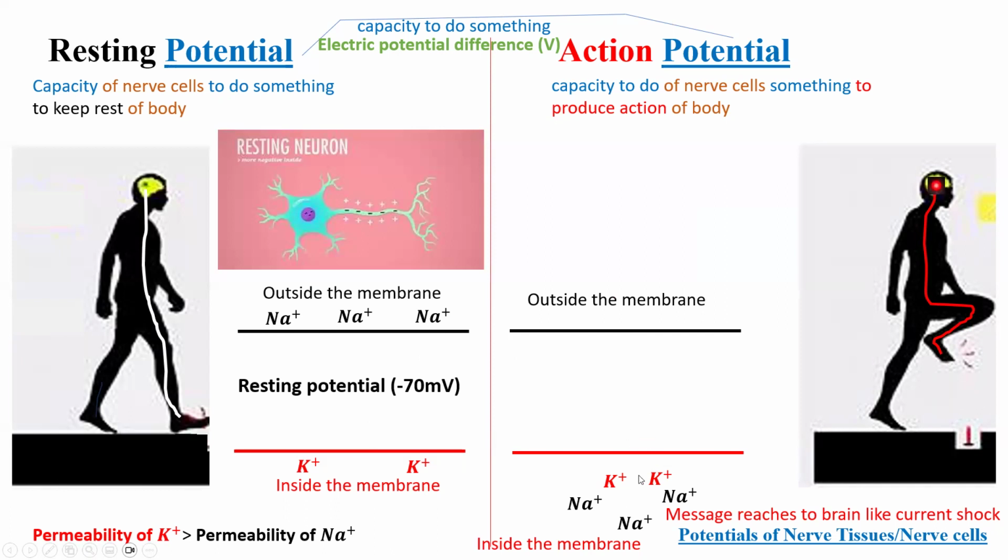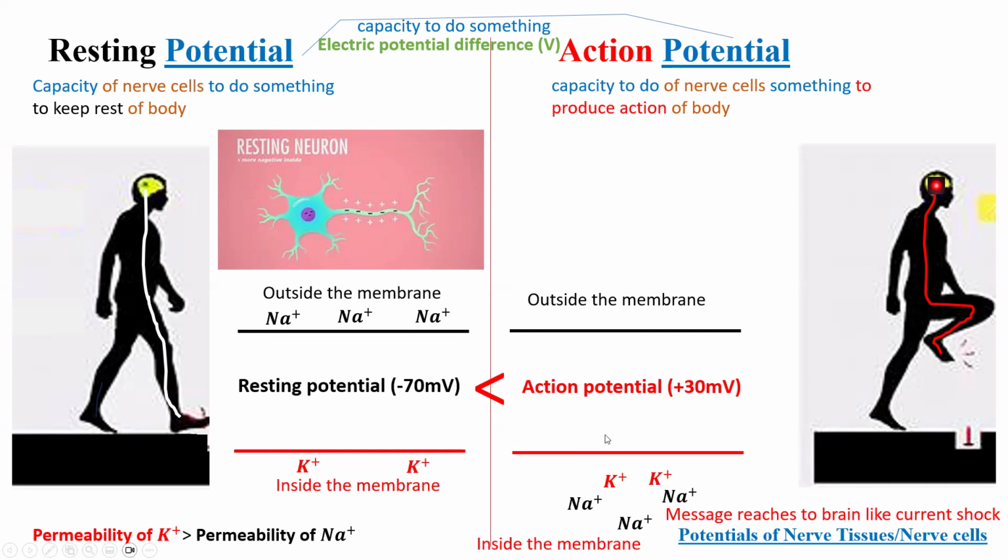So when there is a higher positive potential, what will happen? An action potential is produced, a higher value of electric potential, plus 30 millivolt. That is definitely a bigger value as compared to the resting potential, so it allows the flow of charges.